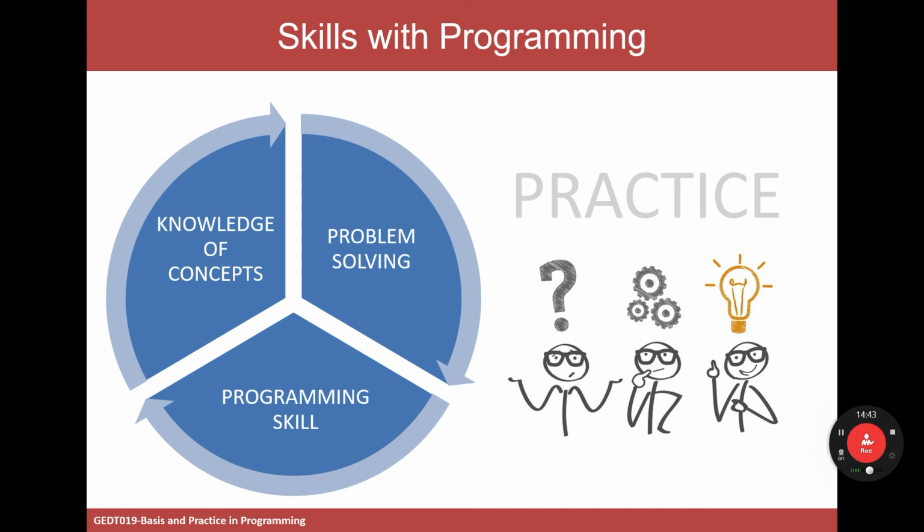Step number 2, I will do something. Step number 3, I will do something. And then until you ultimately reach the goal, the thing you want to do. First I will do step number 1, step number 2, step number 3, and then finally step number 4 will get me what I want. This kind of thinking, we call problem solving thinking.